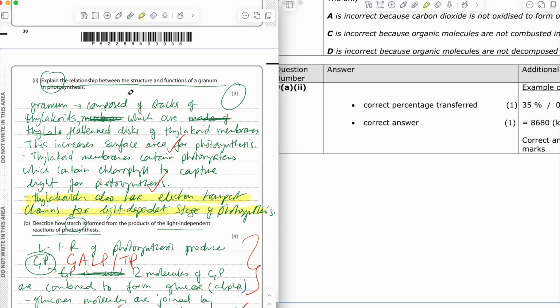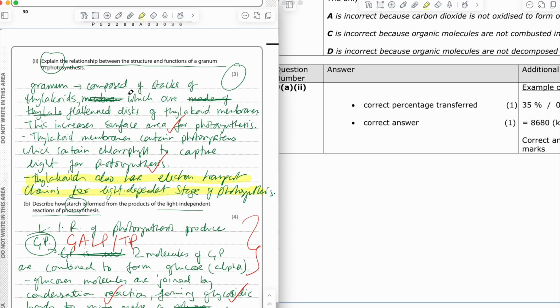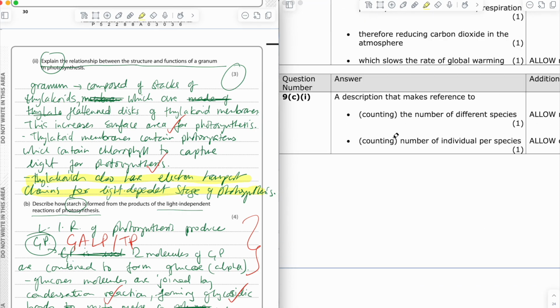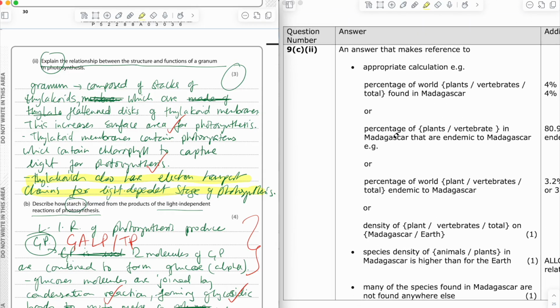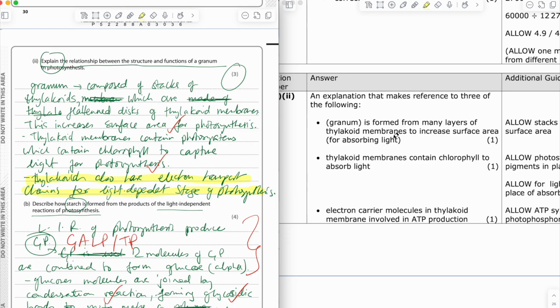On this question with the photosynthesis, still question 10, I missed a mark. My approach was correct: pick a structure and say what its role is in photosynthesis. But for the last one, I said the electron carrier molecules, because for 3 marks I didn't know whether I needed to go to that level of detail.